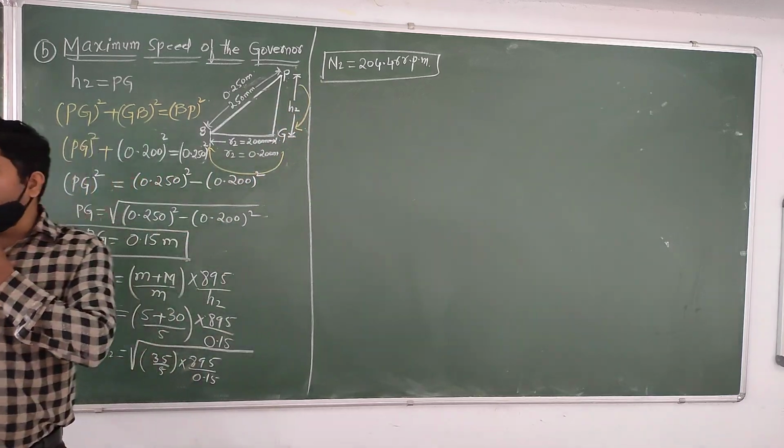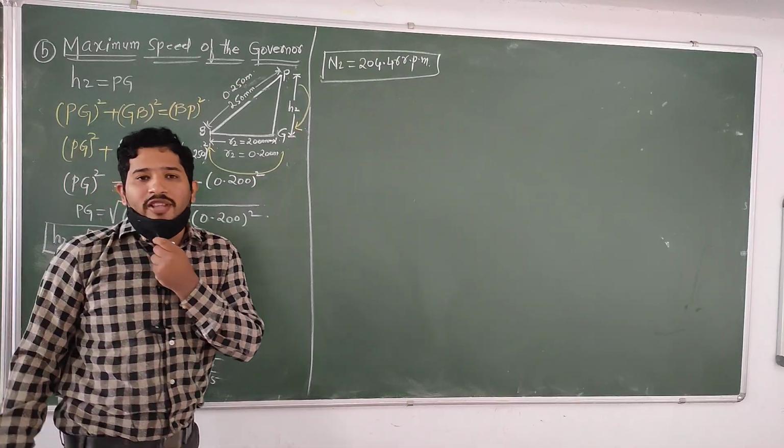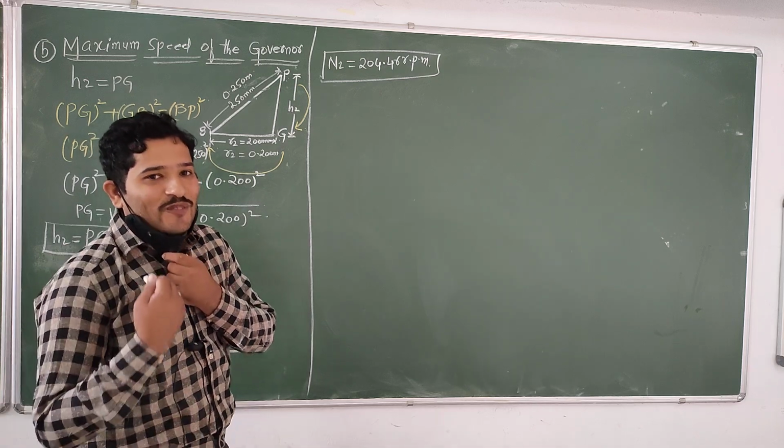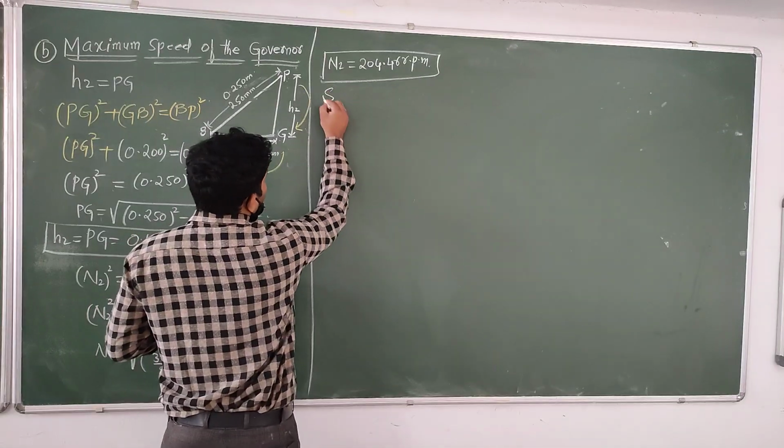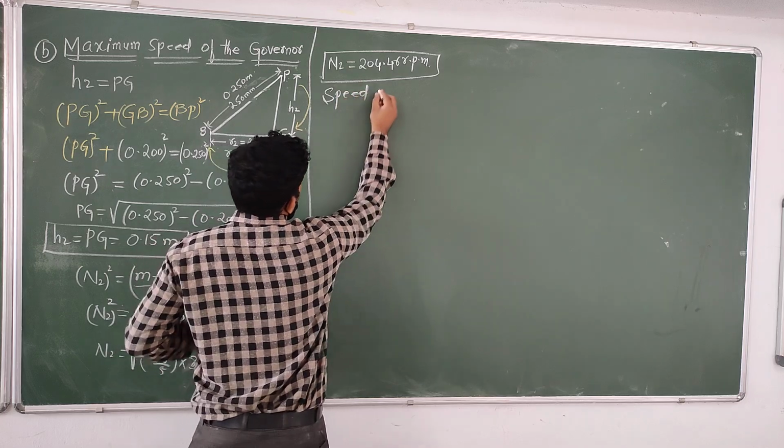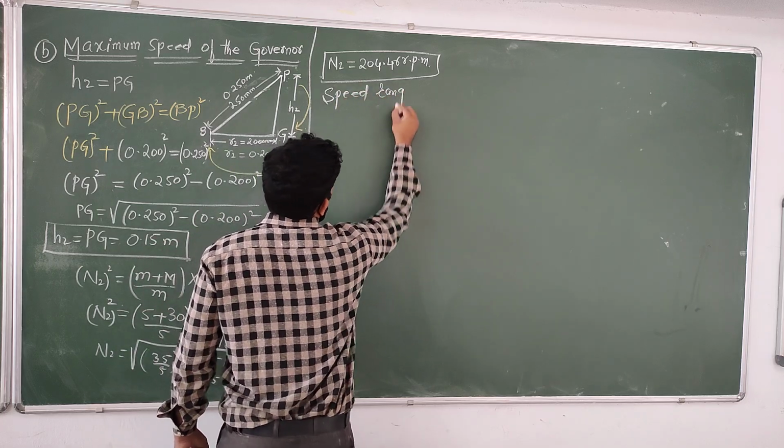Again, we need to find out the speed range of the governor.